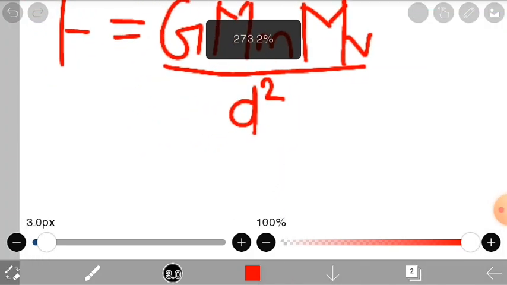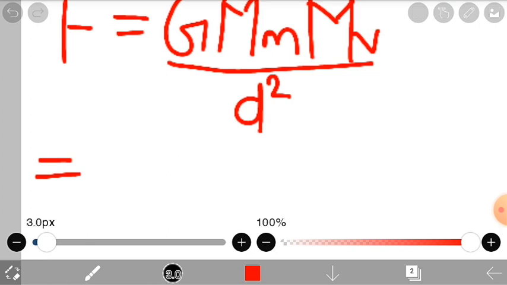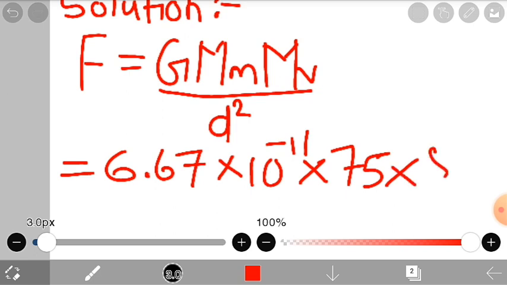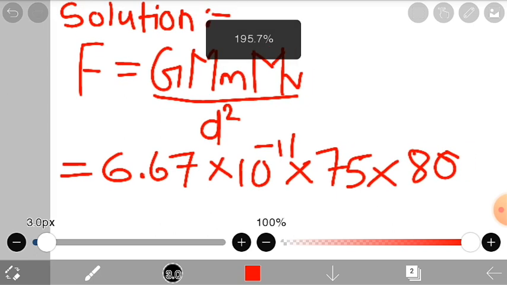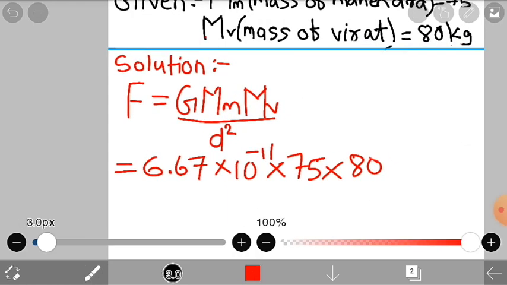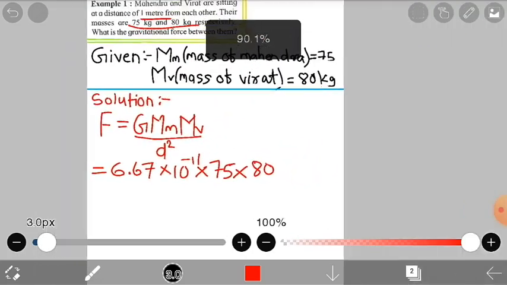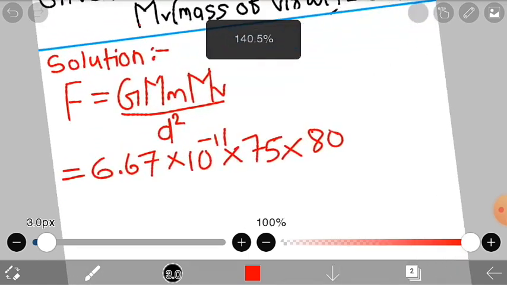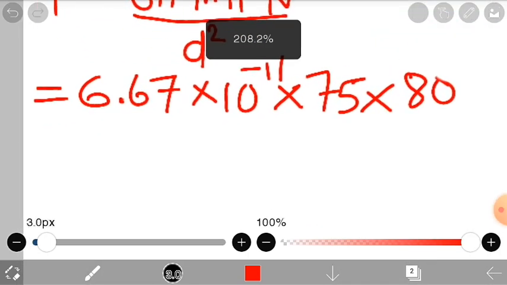So we can write the values: 6.67 into 10 raised to minus 11 into 75 kg into 80 kgs upon distance square. Distance is 1 meter, so the square of 1 is 1 itself. Therefore it's not necessary to write 1 upon 1.